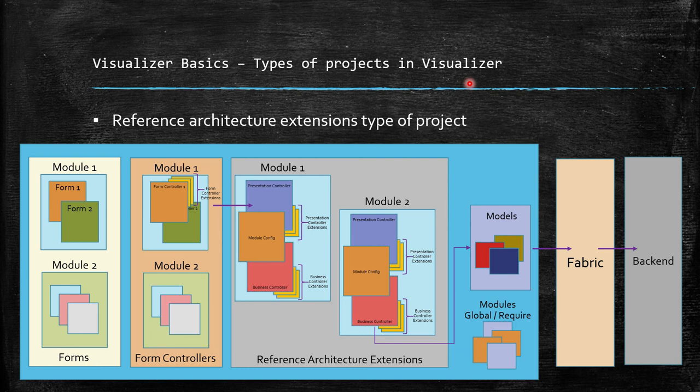So this is how the reference architecture extensions type of project enables us to build an app as a product and reduce the effort to build the app from scratch and reduce the time to market.